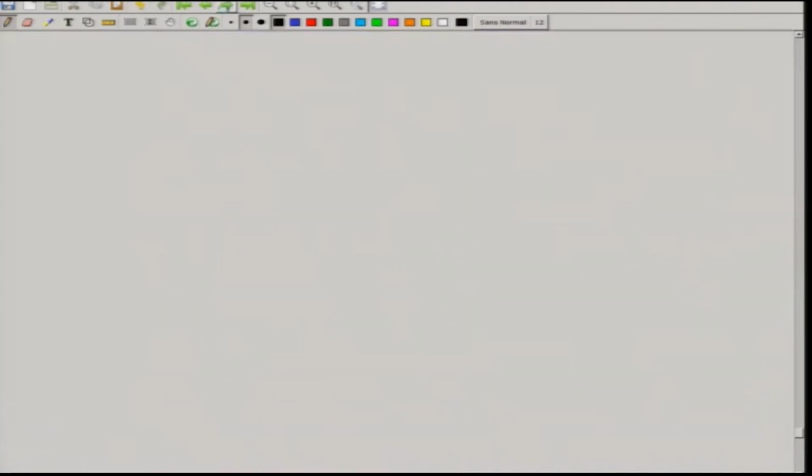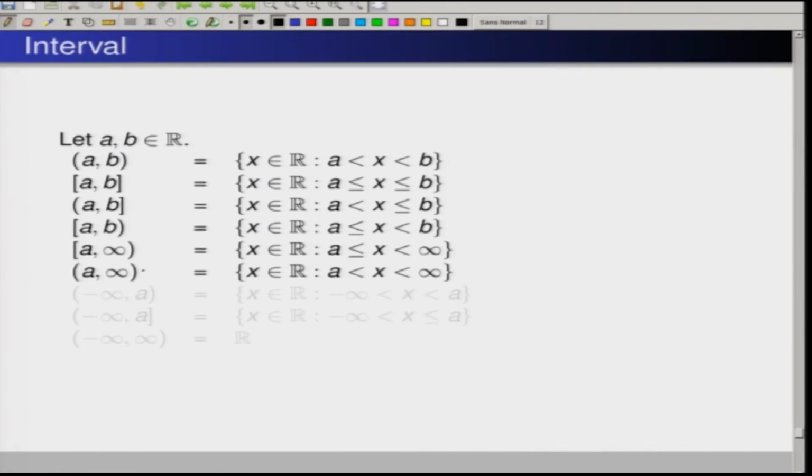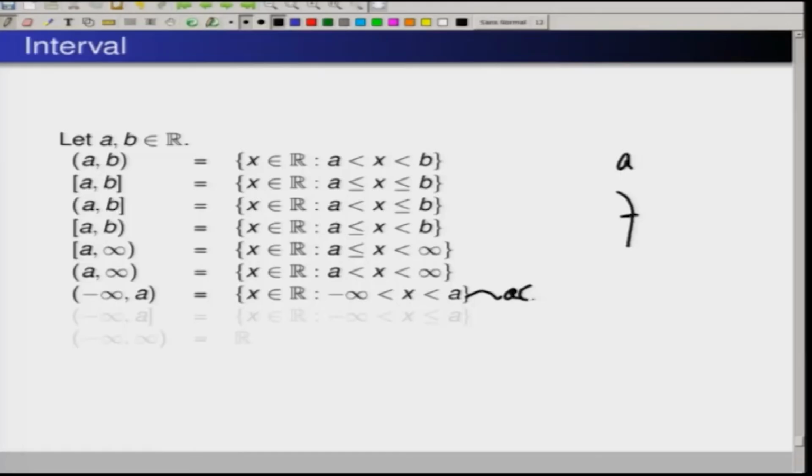And A open, infinity open is all the numbers between A and infinity, and A is not included in the set. Similarly, we can define minus infinity open, A open. From minus infinity you come up to A, but A is not included. So A in this case does not belong to the set.